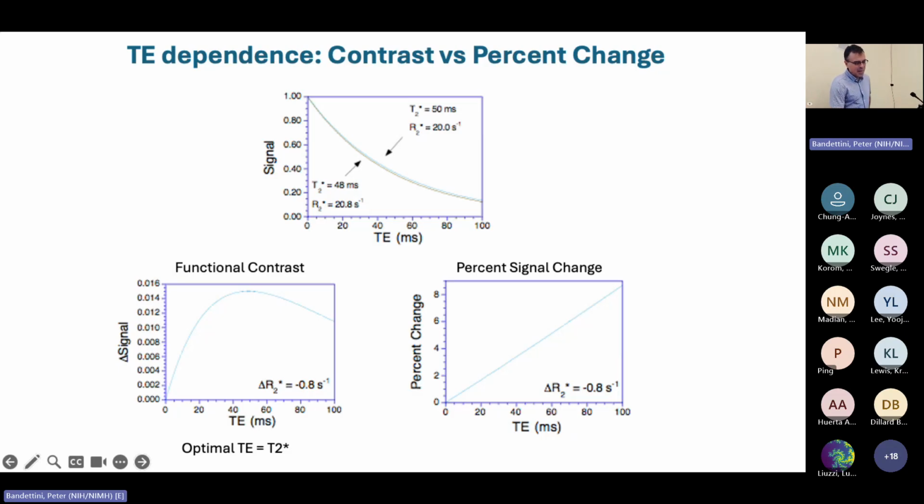However, if you take these two exponentials and subtract them, you find that the difference in the two exponentials peaks at about where the TE, the echo time, equals the T2 star. So this is actually echo time.